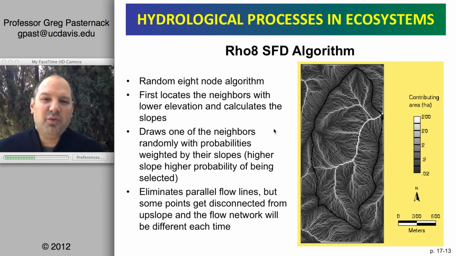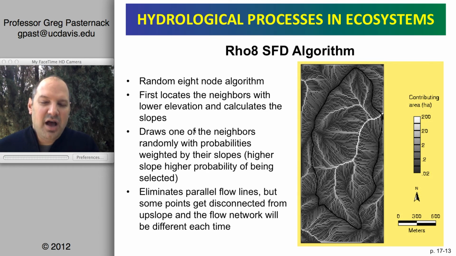Another approach, which is called Rho8 SFD here, is one in which you have a blend. So you consider the fact that you want water to go downhill, but you're also going to be distributing it in proportion to the slope and also adding a random component. So let's look at all the neighbors with lower elevation and calculate the slope.